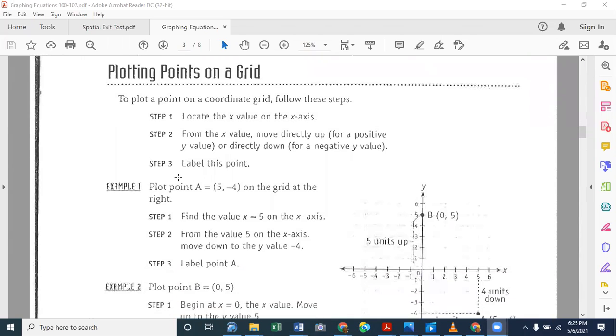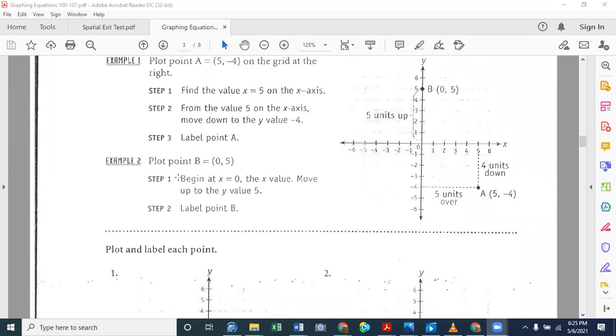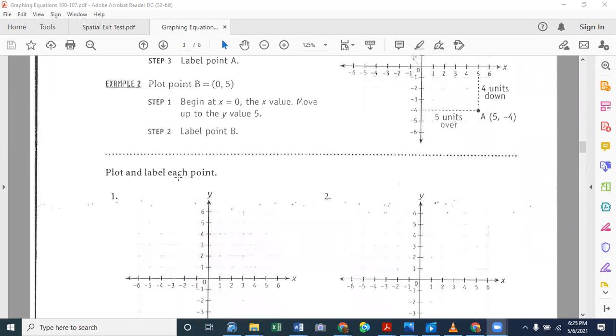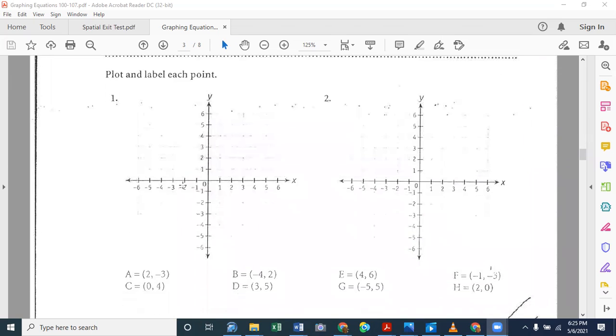And now plotting points on a grid. So more of what we just did. This time they don't give you the points. They give you the coordinates and you plot the points. So point A, right down here, is 2, -3.